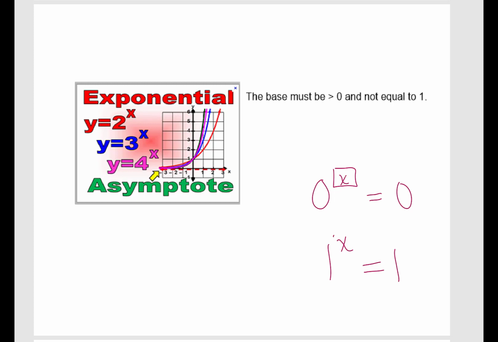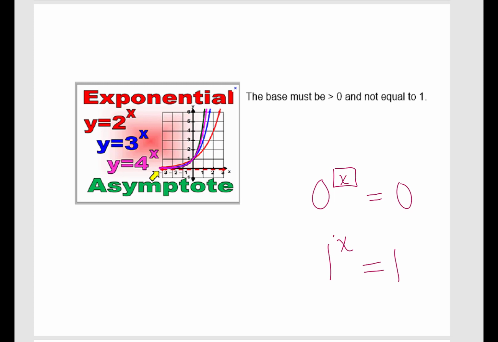Oh, and then also just consider on the flip side of that, if it was less than 0, now I have this negative value, and depending on if I'm raising it to an even power or an odd power, I'm either going to get a negative output or positive output. So base has to be greater than 0 and not equal to 1.